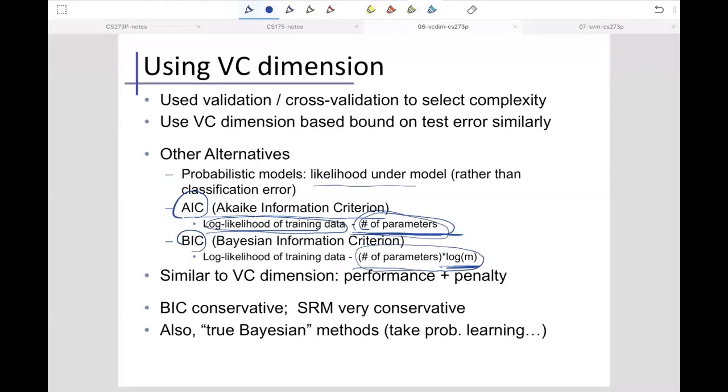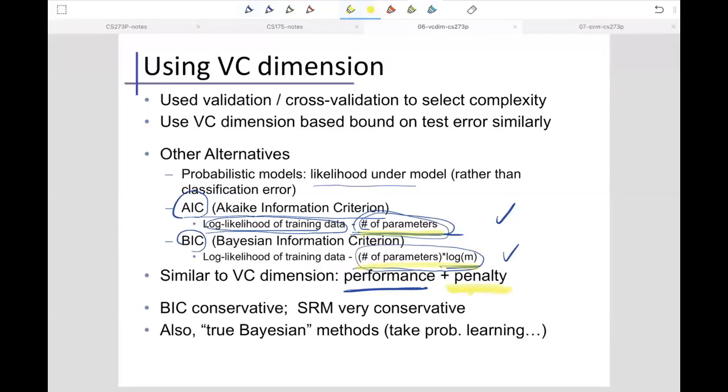These are all heuristic methodologies people proposed to do model selection without using cross-validation, but purely based on some measurement of the complexity of the models. So similar to this, you have two parts. One is the performance part, and the second part is the penalty part. The penalty part, based on VC dimension, is the VC term, but you can think about it in terms of the number of parameters, or the number of parameters times the number of samples, based on different criteria.